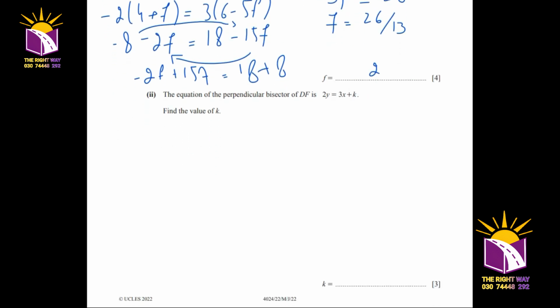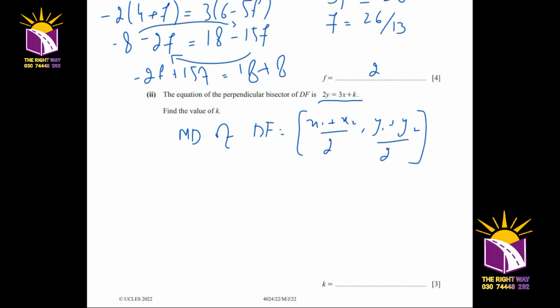The equation of the perpendicular bisector of DF is 2y equal to 3x plus k. Find the value of k. This equation is the perpendicular bisector of DF. Now I am going to take the midpoint of DF, which will be equal to (x1 plus x2) by 2, (y1 plus y2) by 2.